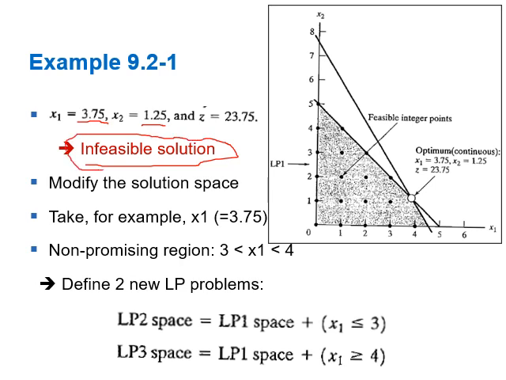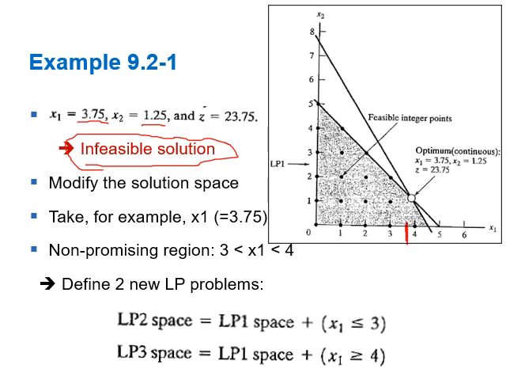So we need to somehow find an integer solution. How do we do it? By modifying the solution space. Look at this feasible region of the LP relaxation, which is this shaded region. So x1 is 3.75, where is it? It is somewhere here, right?